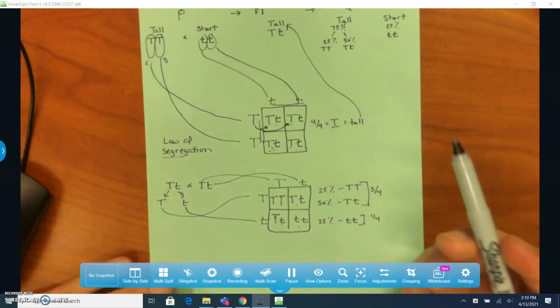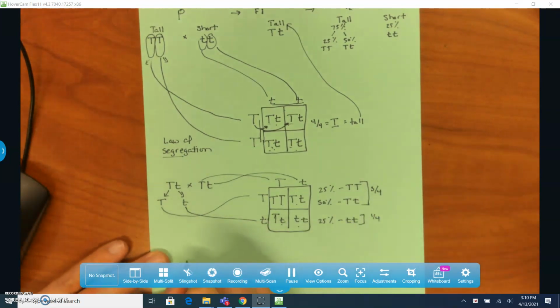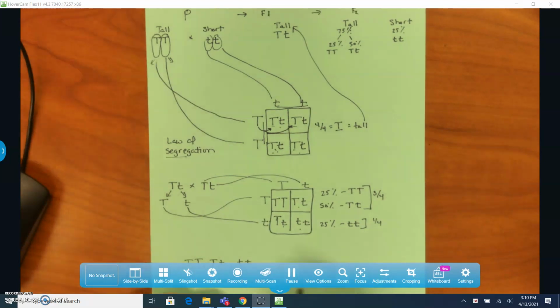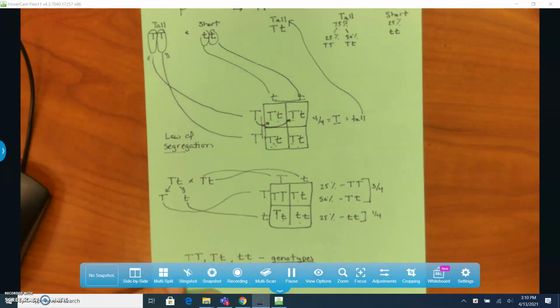To start with, we'll go with our combinations of alleles. So big T, big T; big T, little t; little t, little t. These are known as genotypes.